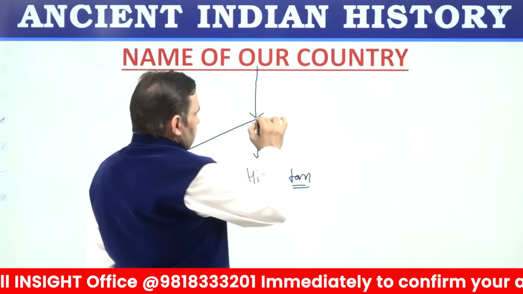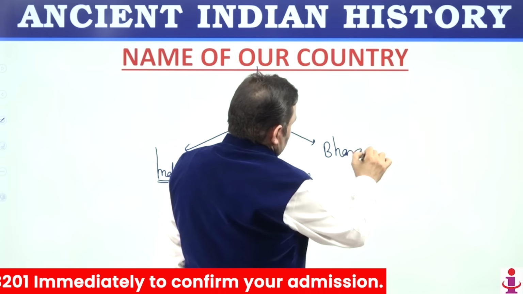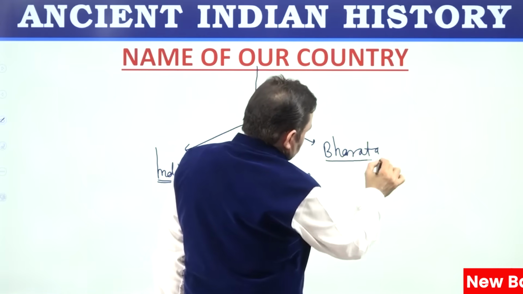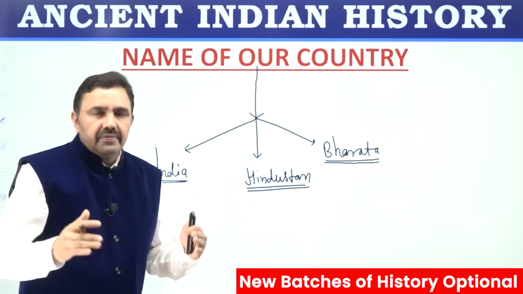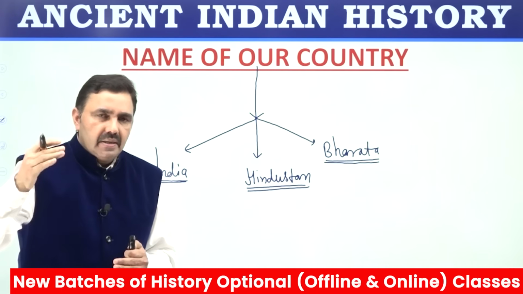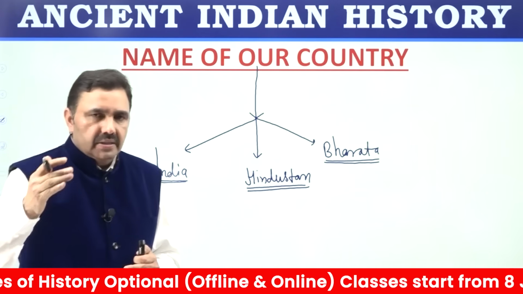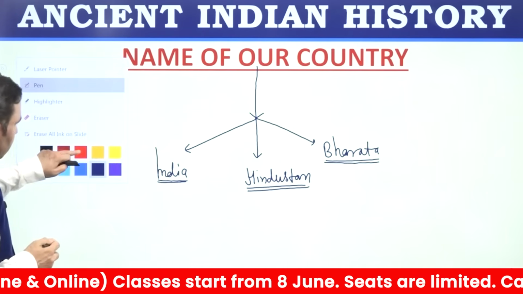Third name is Bharat, Bharata. So India is known by 3 different names: India, Hindustan, and Bharat. So how did our country get this name of India?